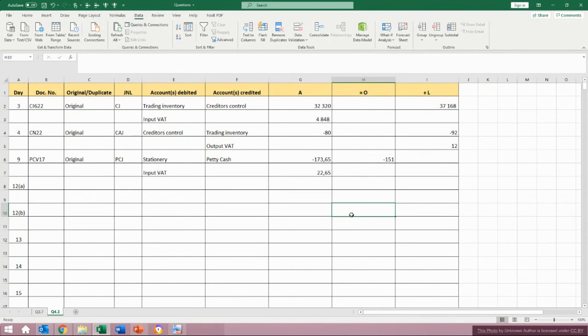The transaction on the 17th. The value of the laptops, inclusive of VAT, should be 9,120 and not 9,300 Rand. Otherwise you're not going to get to the correct answer.